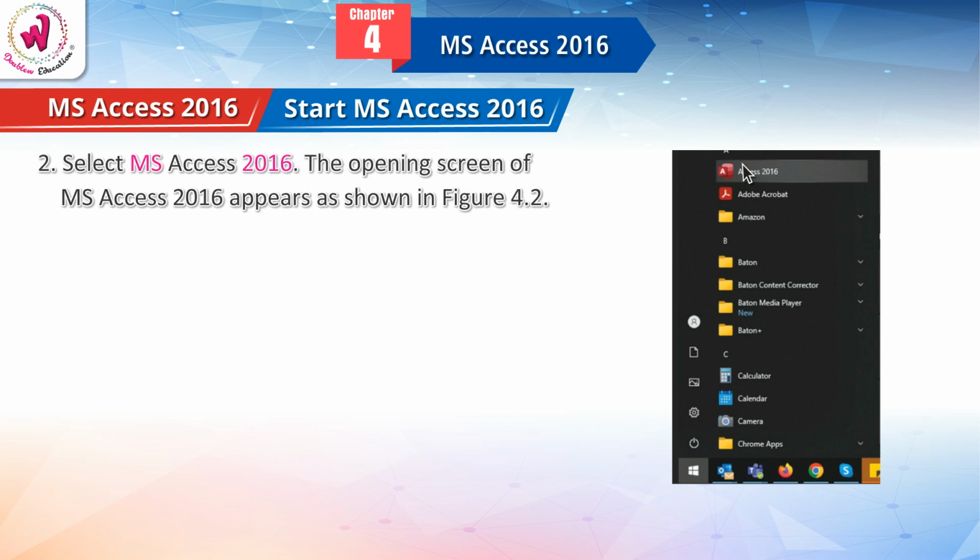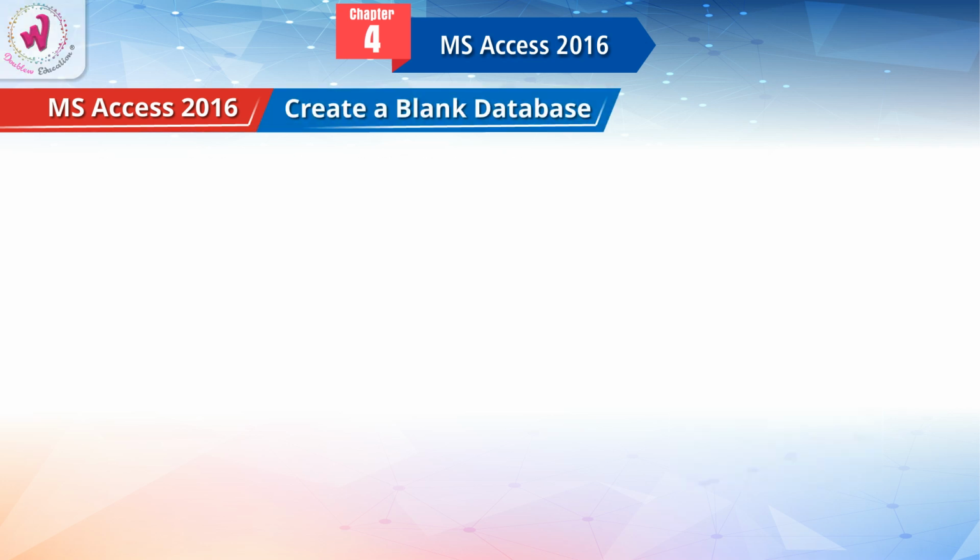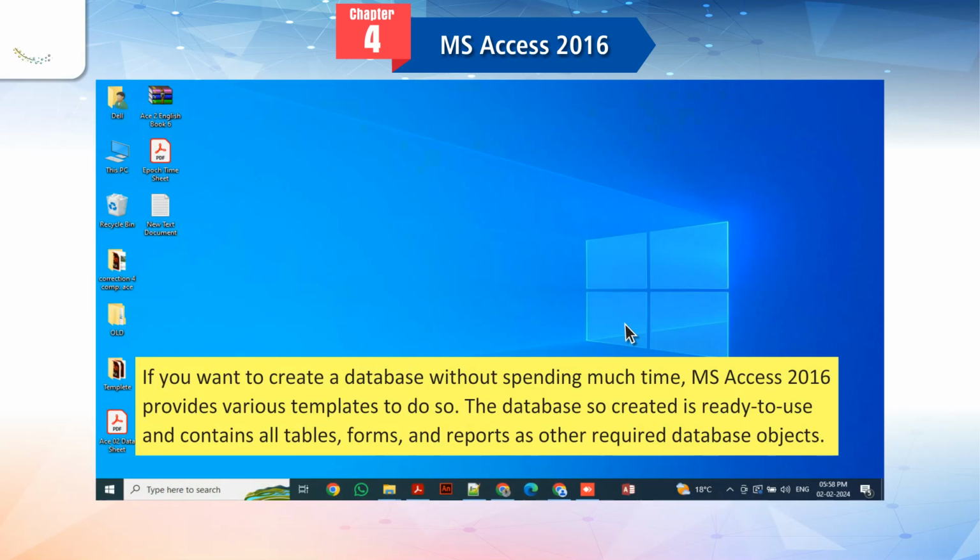The opening screen of MS Access 2016 appears as shown in figure 4.2. Create a blank database. If you want to create a database without spending much time, MS Access 2016 provides various templates to do so.